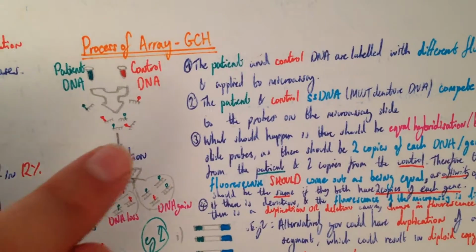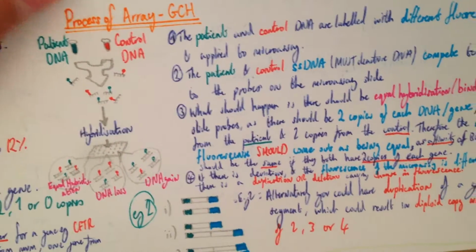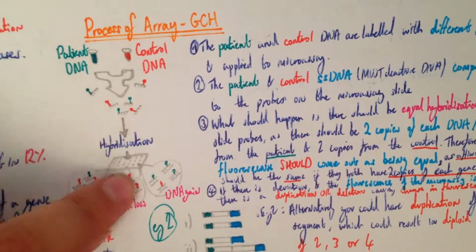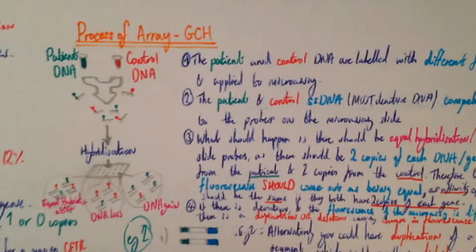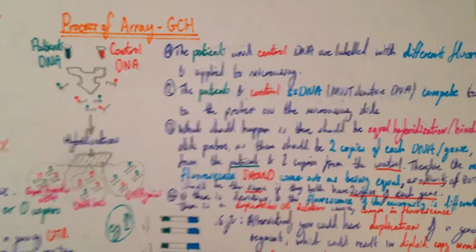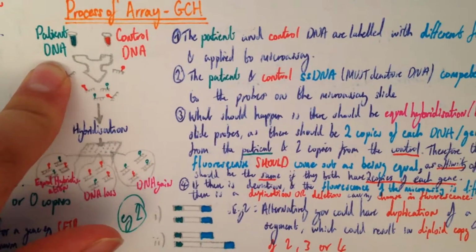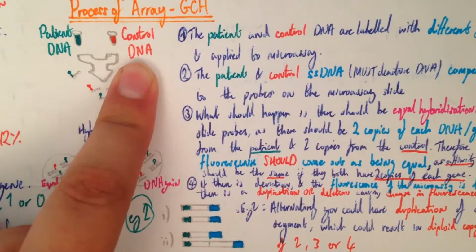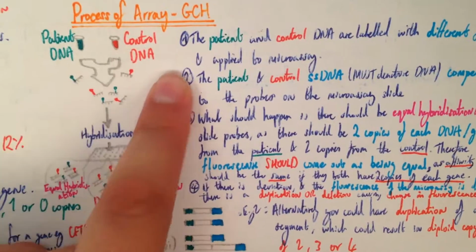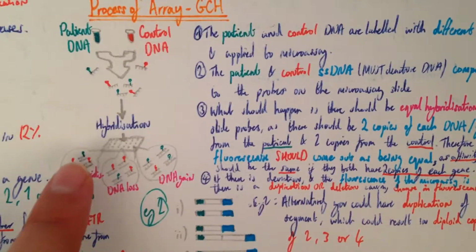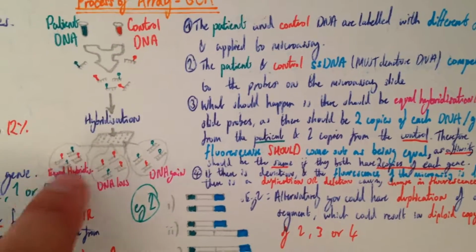So the probability that each should be able to compete with each other should be equal. For example, if the patient has DNA for brown eyes and the control has brown eyes, then there should be 2 genes for brown eyes here and here. Both of them would compete equally, and we would get an equal hybridization because they both have the genes for brown eyes.